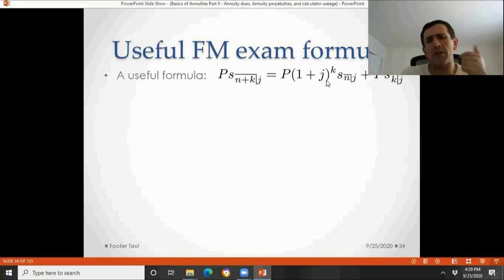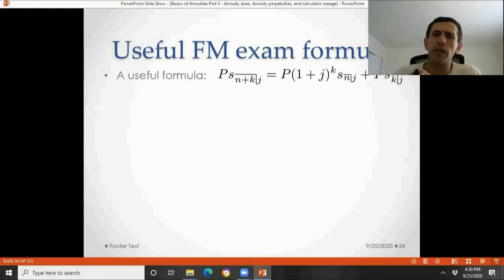Here I'm just stating it for an annuity immediate, but exactly the same relationship is true for the accumulated value of an annuity due and present values of an annuity due and annuity immediate. Right, so this is a formula relating the accumulated value of an annuity immediate with n plus k periods to that which has n periods and k periods.